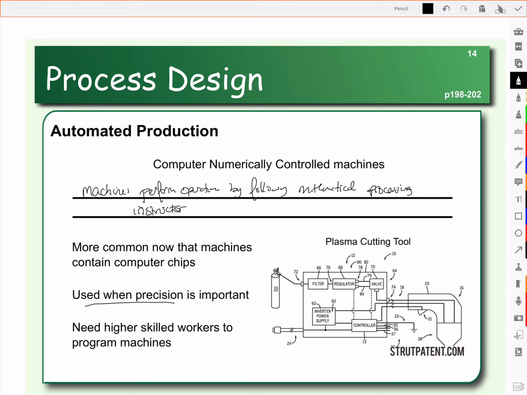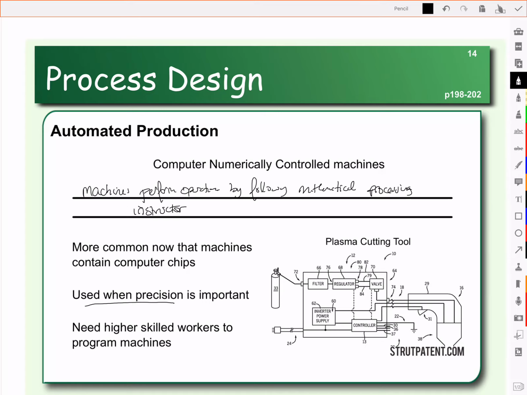With CNC and programmable automation, we now require a bit higher skilled workers. When you had fixed automation, you had low skilled workers. They were basically just putting materials in place so the machine could do a job. Now we need higher skilled workers because we need people who can program the equipment.